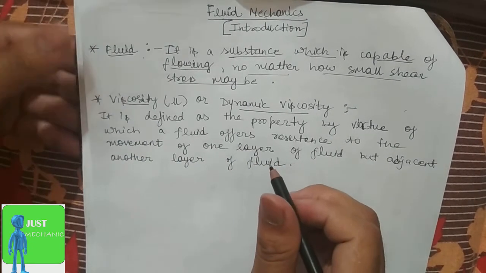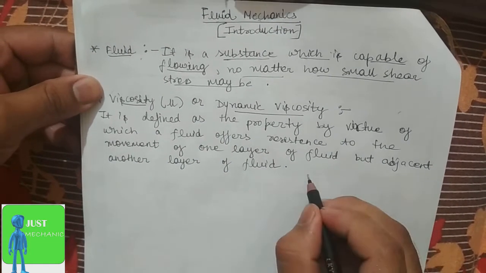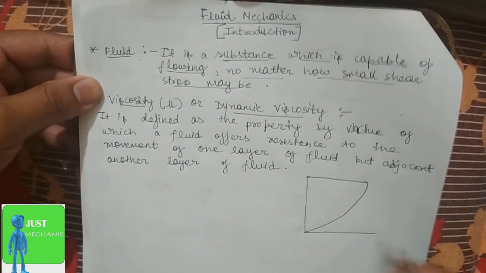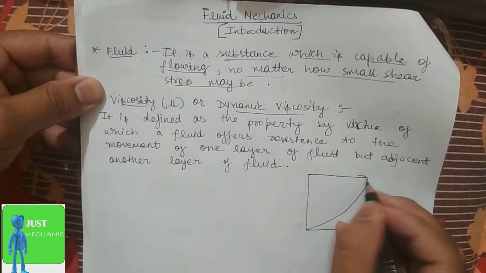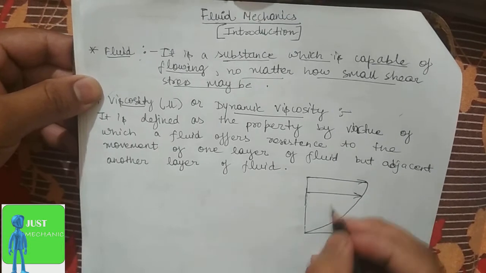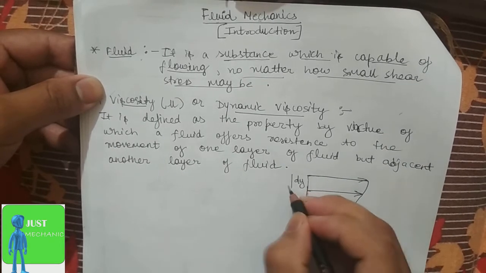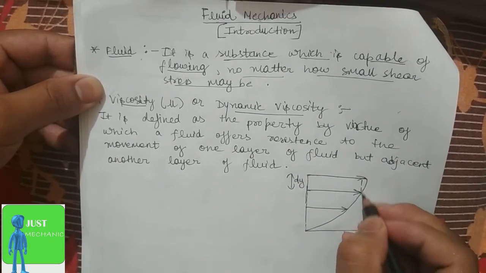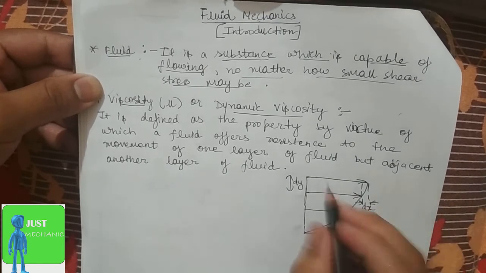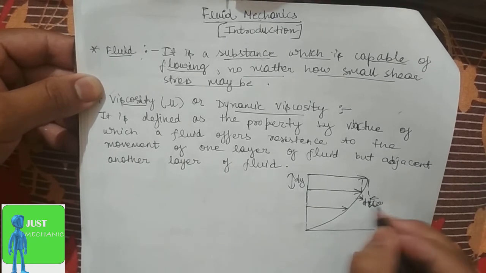Viscosity comes under the following case. According to the viscosity diagram, this is the topmost layer of fluid, this is the second layer of fluid, and this is the third layer of fluid. Here this distance is dy, and this velocity difference is du.